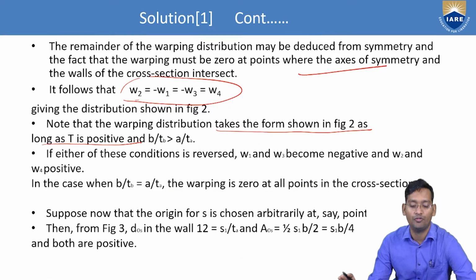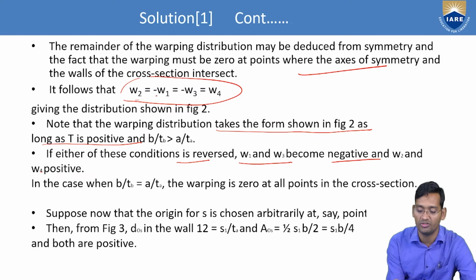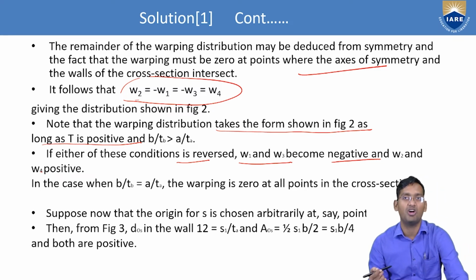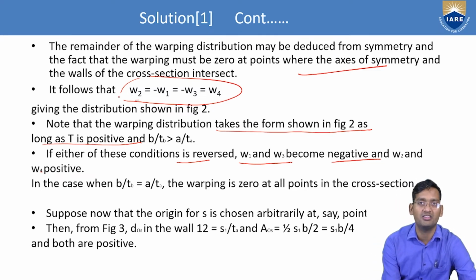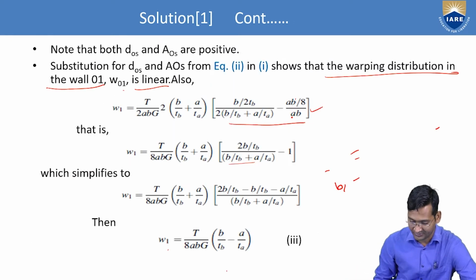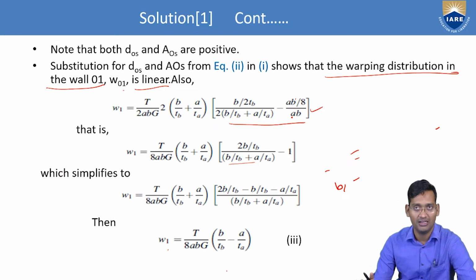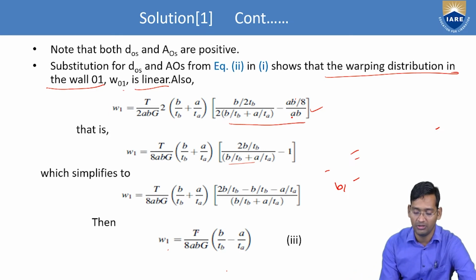If either of these conditions is reversed, W1 and W3 become negative and W2 and W4 positive. Whatever is negative becomes positive, so W2 becomes minus W2, minus W1 becomes W1, minus W3 becomes plus W3 and W4 becomes minus W4. If T becomes negative, then minus T into the whole thing is negative.